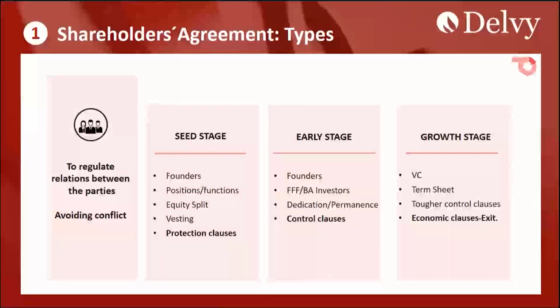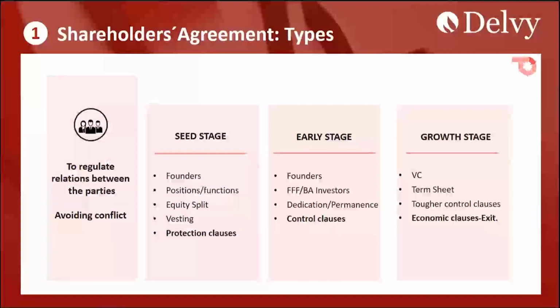For example, we have three stages, like the seed stage or early stage and the growth stage, right? Normally in the seed and early stage, we only have the founders, maybe founders and family, friends, and fools, or business angel investors that have entered in the company. So it's a very early stage for the company.